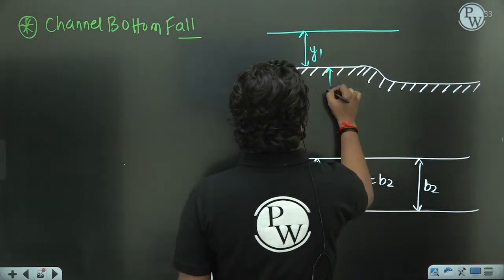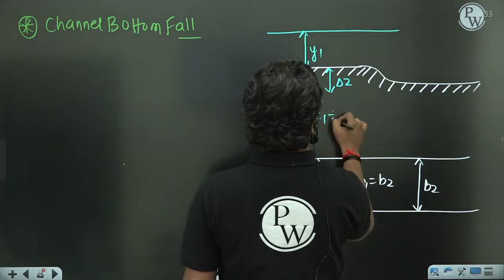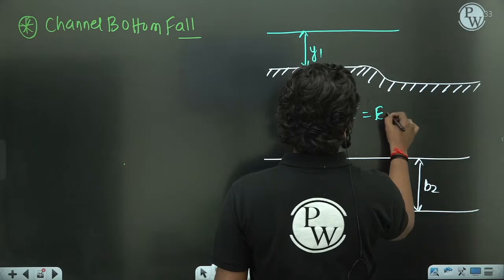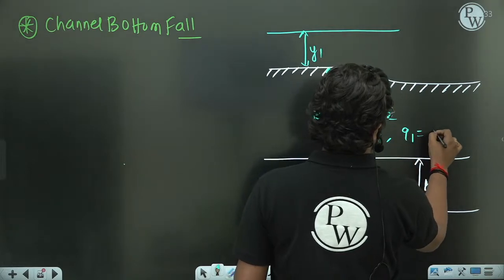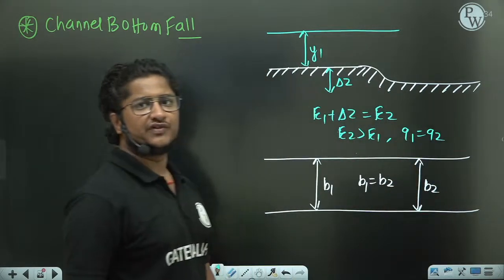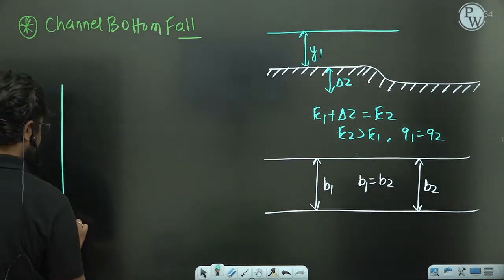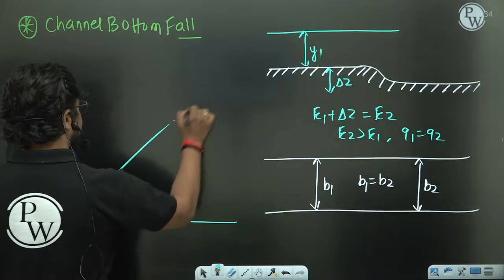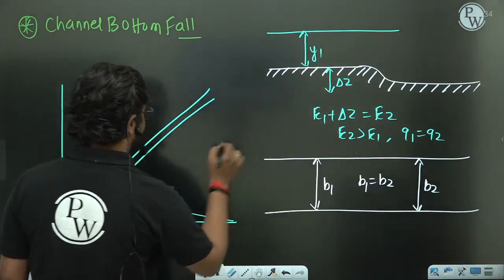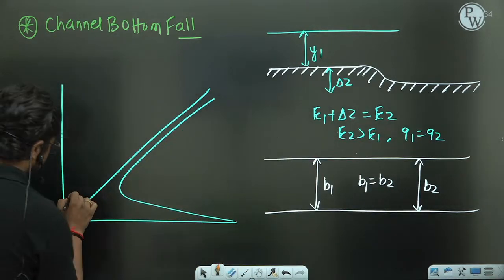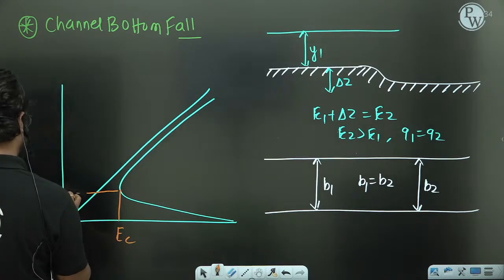As you can see here, this is nothing but the delta Z. So I can write E1 plus delta Z is equal to E2. That means E2 is more than E1 here. Q1 is equal to Q2. As B1 is equal to B2, Q1 will be equal to Q2. As there is a difference in specific energy, I am referring to the specific energy curve. You know this. All these concepts I told you in my yesterday's class. So this is the EC value and this is the YC value.